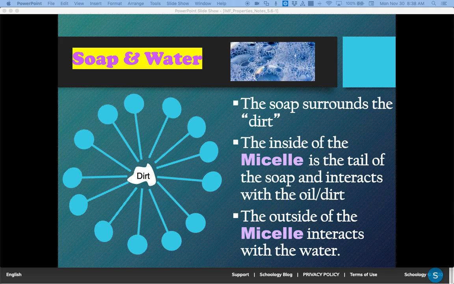And so if you look at this, this becomes its own little unit. And the outside becomes like a little sphere, because there's also things coming at you, is just the polar part. And so the water can kind of come in and carry it away.